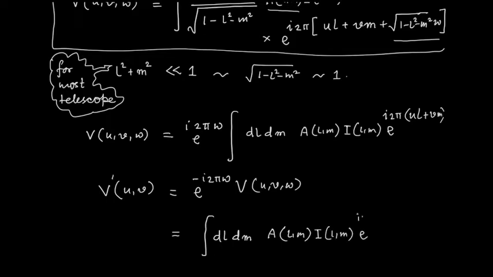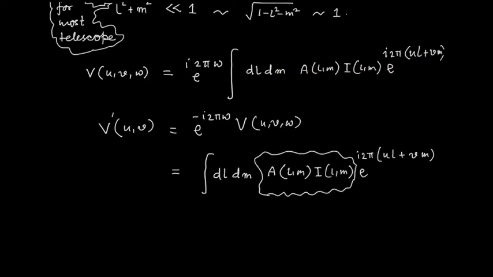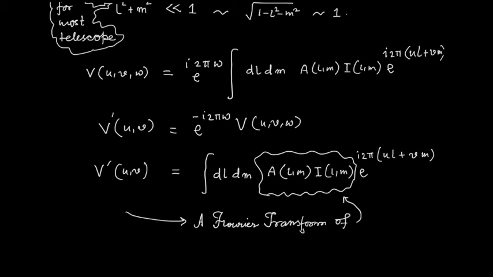So that assumption you have to keep in mind, which holds for most of the telescopes. And if you look at it carefully now, V prime is just a Fourier transform of this quantity.